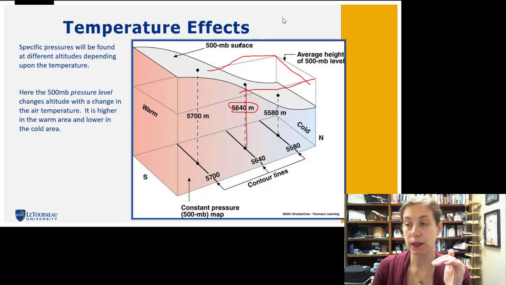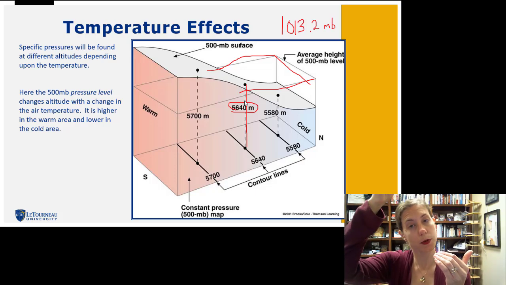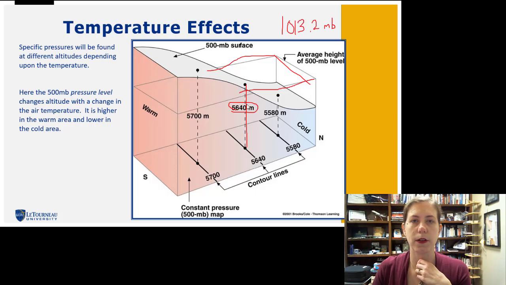In millibars on a standard day, we would find 1013.2 millibars at the surface. So at 500 millibars, that pressure has been lost as we go up, and that's generally going to be found at 5,640 meters. However, let's pretend the air is colder. If that column of air is colder, it gets all condensed again.